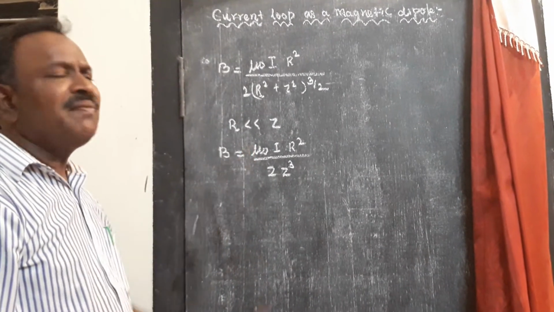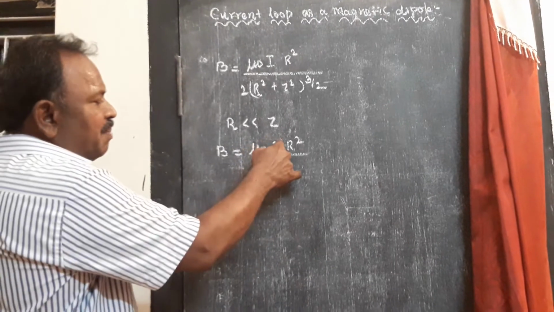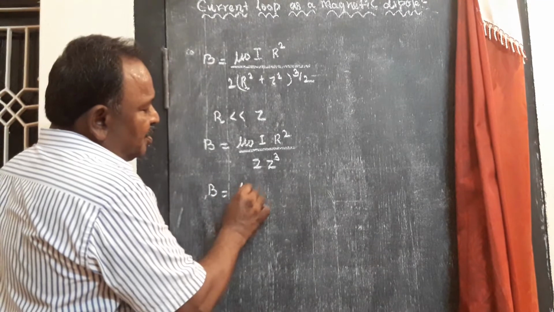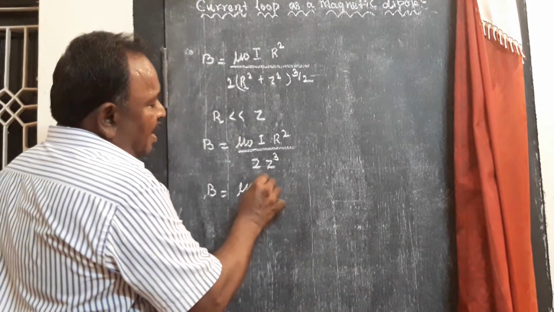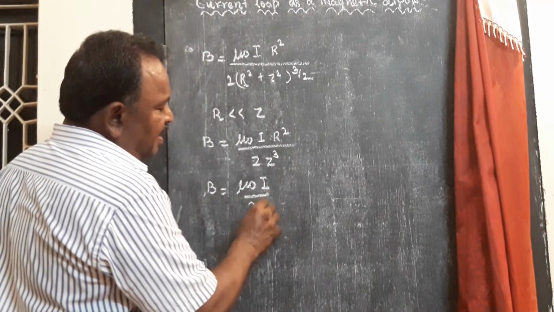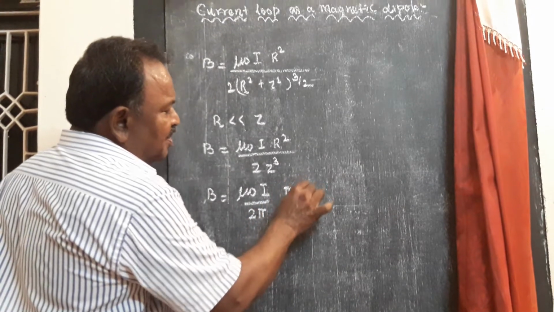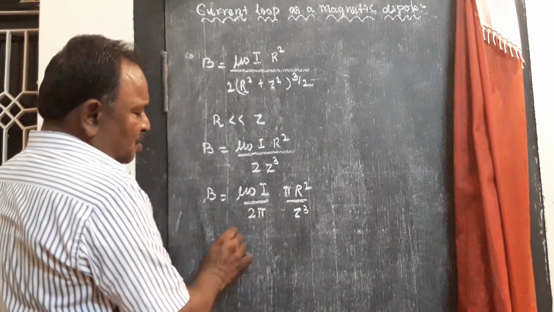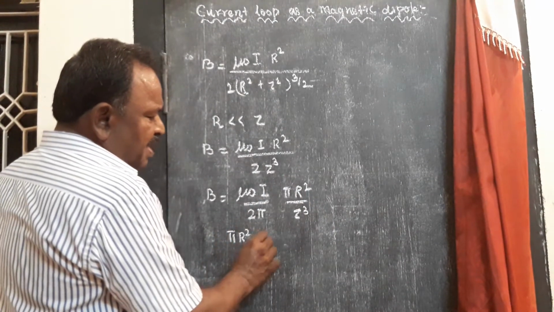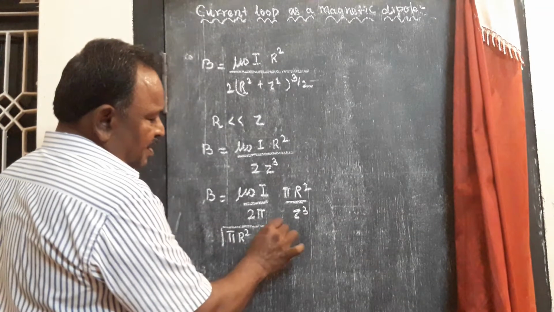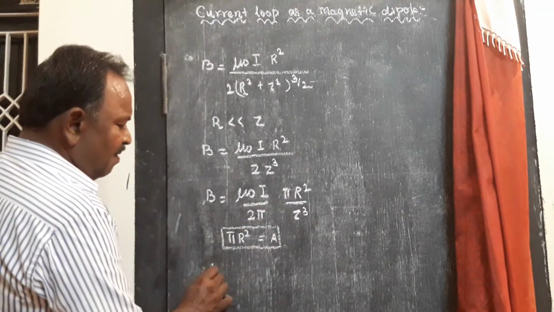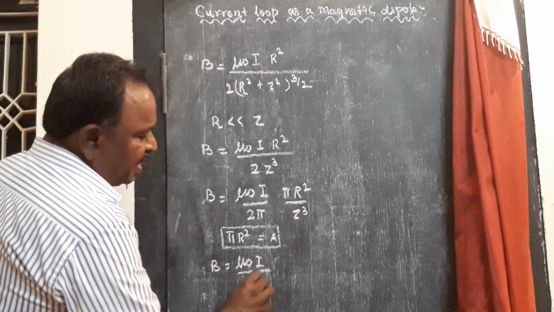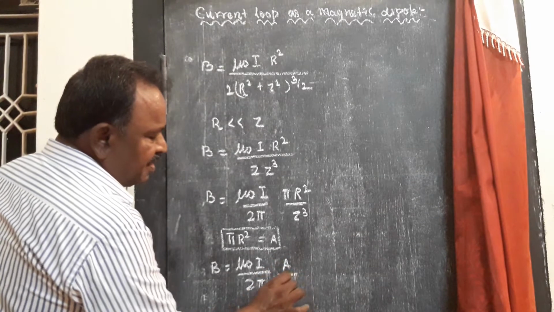Now I am going to modify this expression. Multiplying by pi and dividing by pi, we will have B is equal to mu naught I by 2 pi into pi R square by Z cube. So this pi R square can be replaced by the area of the coil. Substituting this value, you will have B is equal to mu naught I by 2 pi into A by Z cube.